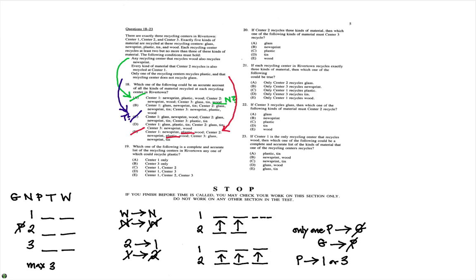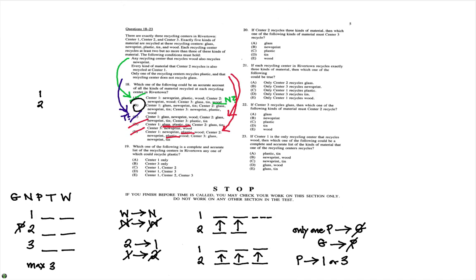And then looking at B and D, B, glass is not with plastic, only have one plastic. D, in center 1, we have glass and plastic together. So D would be eliminated, again, directly violating the third rule, which brings us by process of elimination to B, the correct answer.